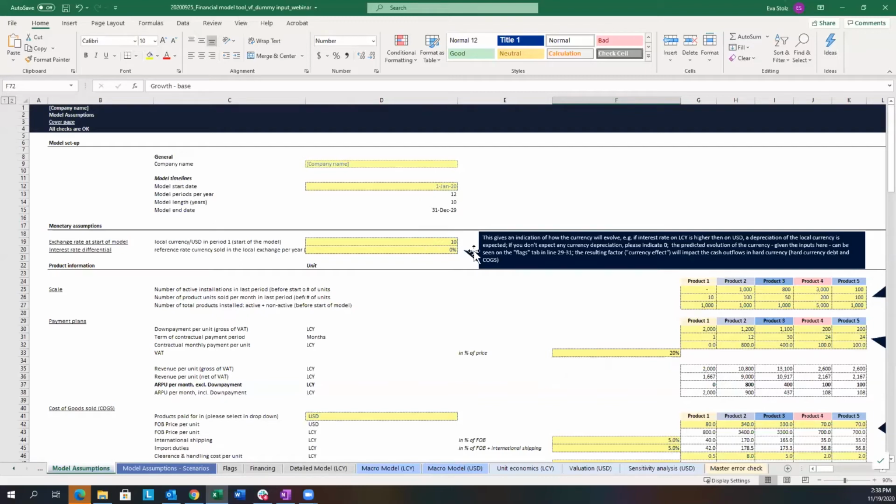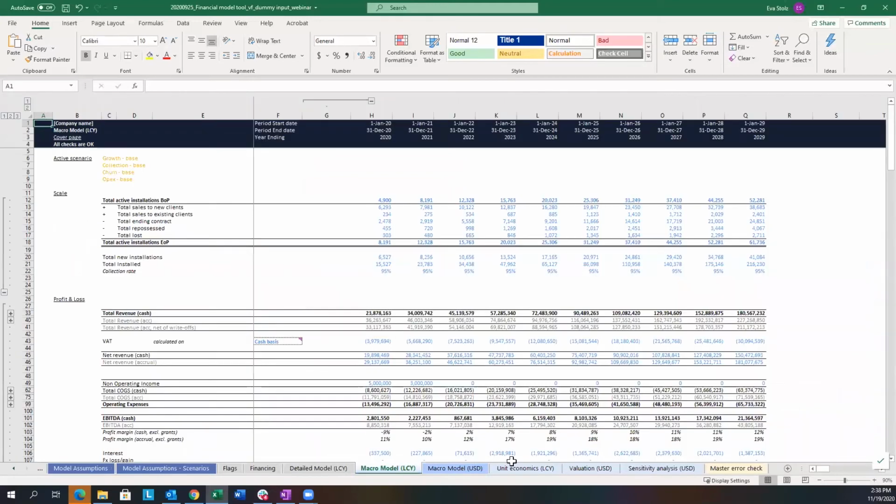I want to show you an example of that. We now indicate an interest rate differential of 0%, so we're not expecting any depreciation. And now if we look at the profit margin, it goes from -9% to +12% in January 29.